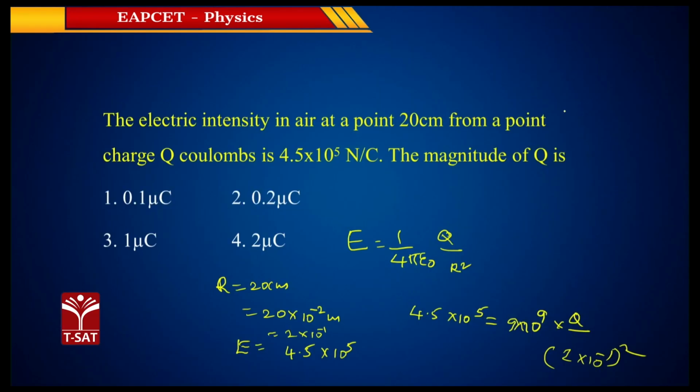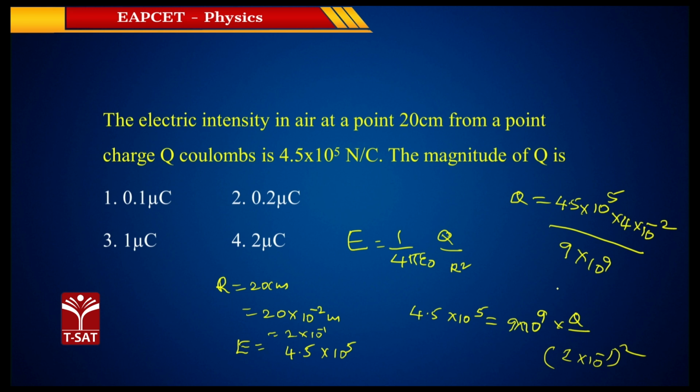Therefore, q is equal to 4.5 into 10 to the power 5 into (2 into 10 to the power minus 1) whole square, which means 4 into 10 to the power minus 2, divided by 9 into 10 to the power 9.